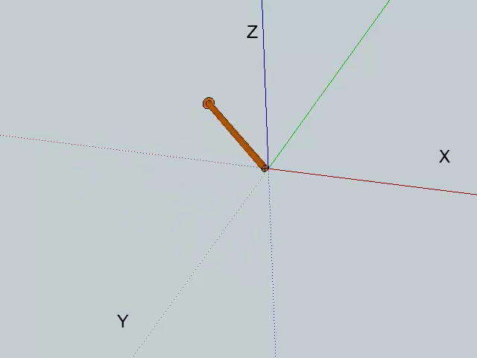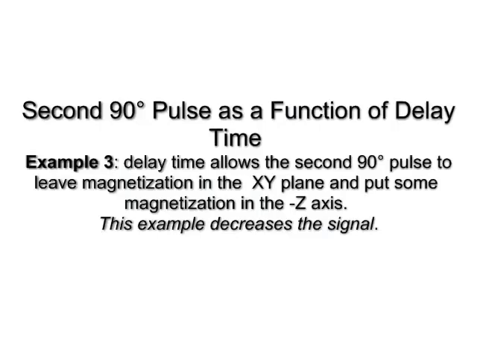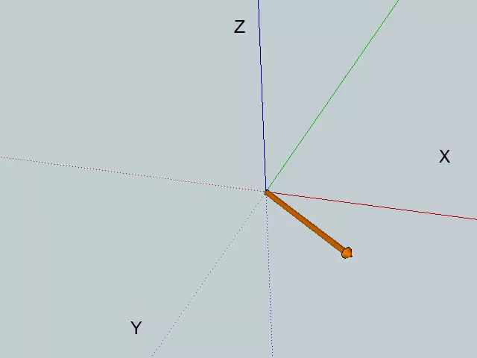Let's look at an intermediate situation in which the magnetization is partially between 0 and 90 degrees. Now the overall magnitude of the vector is split between the y-axis and the negative z-axis by the second 90-degree pulse.